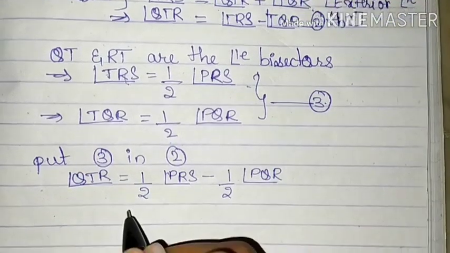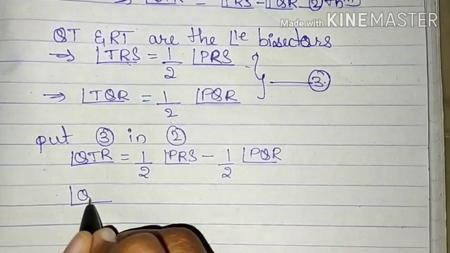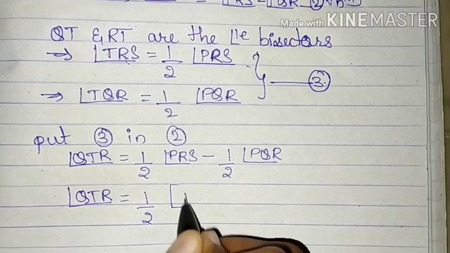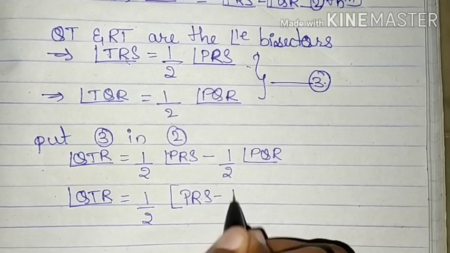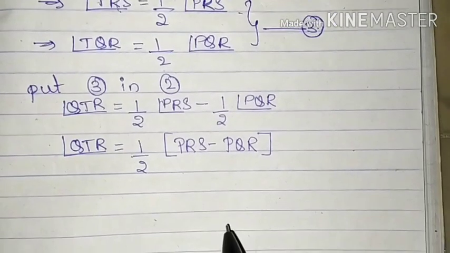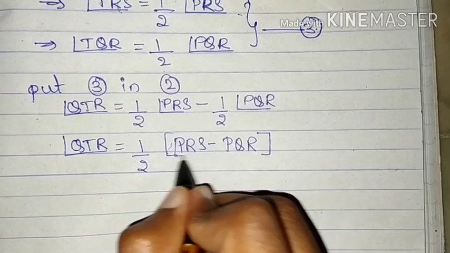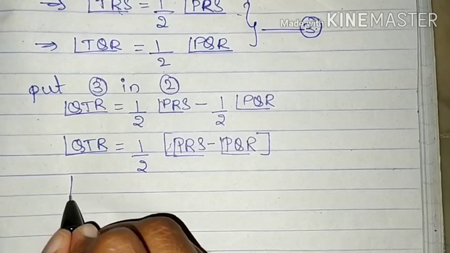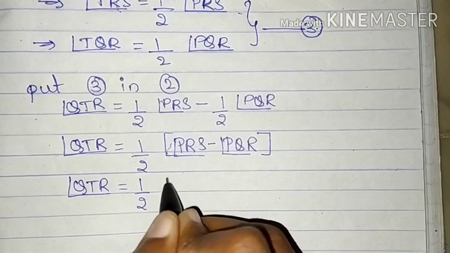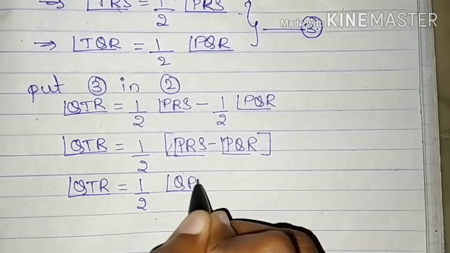Taking half as common, angle QTR is equal to half of PRS minus PQR. From result 1 we know that angle PRS minus angle PQR is nothing but angle QPR. So angle QTR is equal to half of angle QPR.